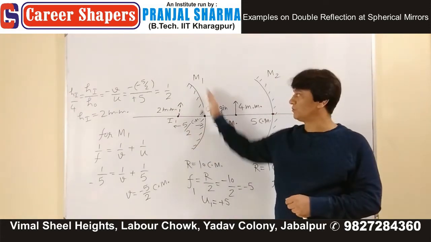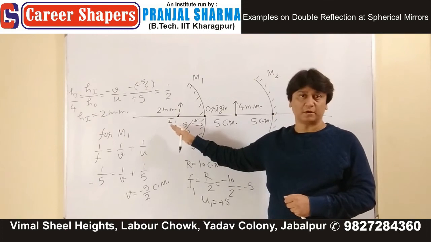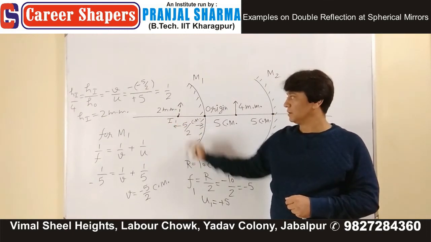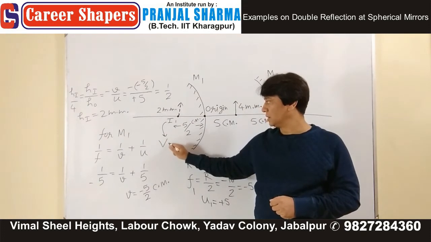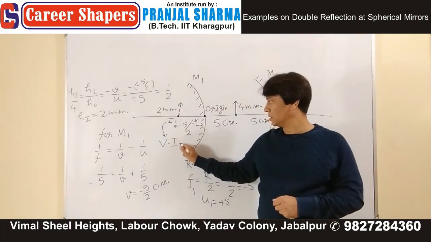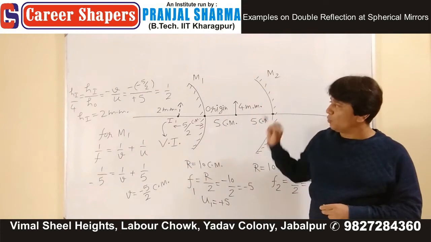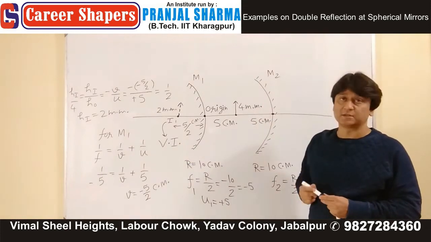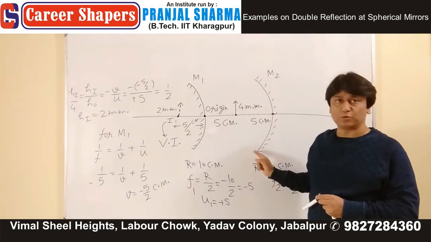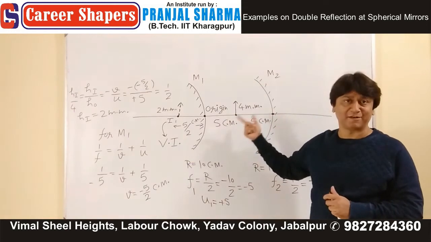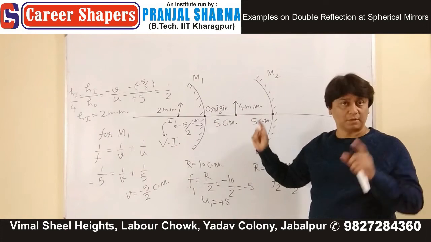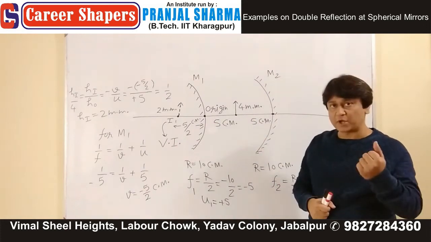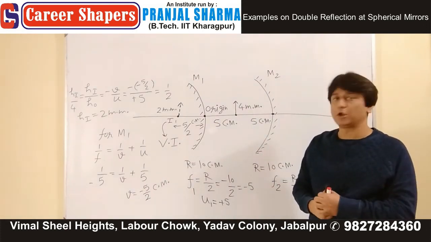Why? Because it forms behind the mirror. Virtual image. What type of object it is for M2? When we go for second reflection, this is going to act as an object. So what type of object it is? Real or virtual?